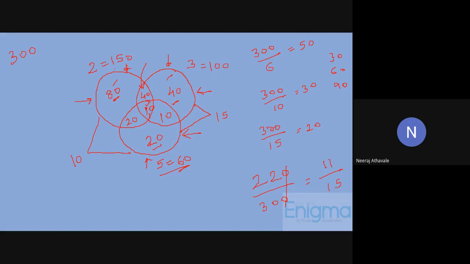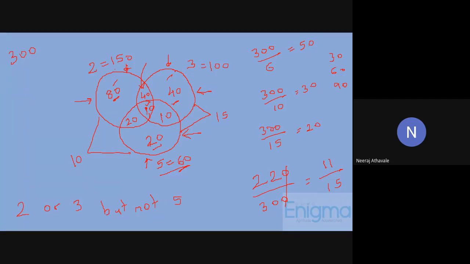Correct. Now, can you tell me how many numbers are divisible by 2 or 3 but not 5? 160. Okay, 160. Adil, your 250 would be wrong.